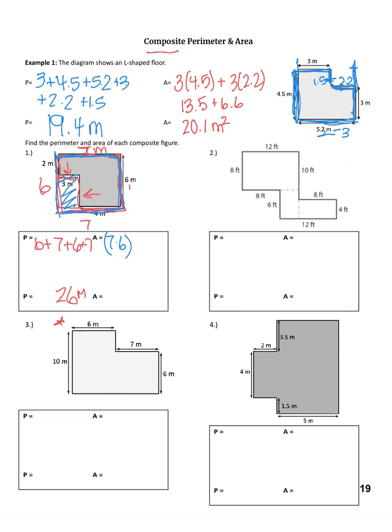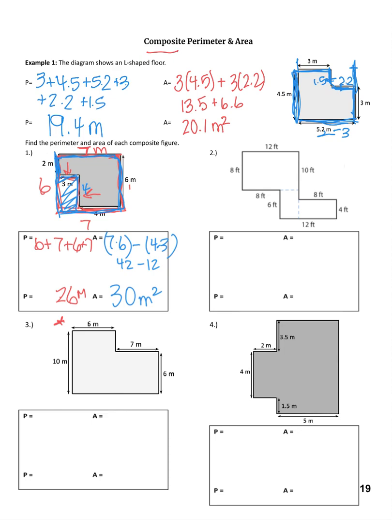So I'm cutting out a rectangular piece that is 3 by 4. How do I get the 4? If this whole side is 6, then I take away this 2. 6 minus 2 is 4. So I'm going to cut out this white area, which is 4 times 3. So that would be 30, because 42 minus 12 is 30.